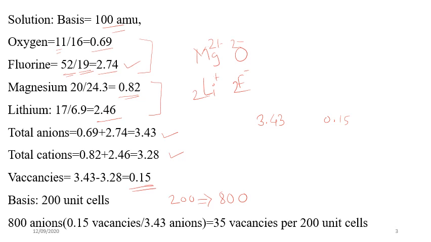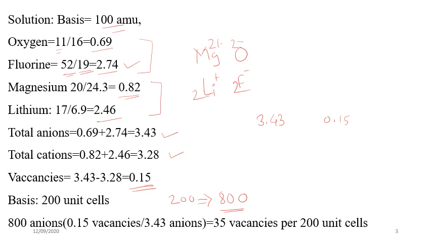Why 800 molecules? Because in one unit cell there are 4 molecules of NaCl, and MgO and lithium fluoride have the same structure. That's why I have multiplied the number of unit cells by 4. These many molecules will be there, so that is 800.